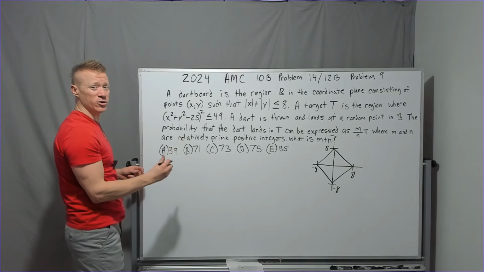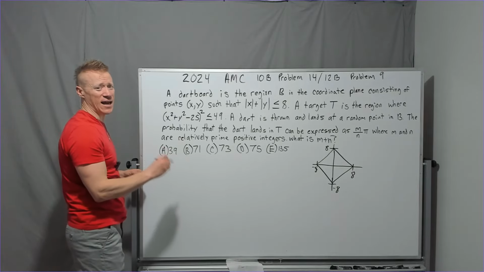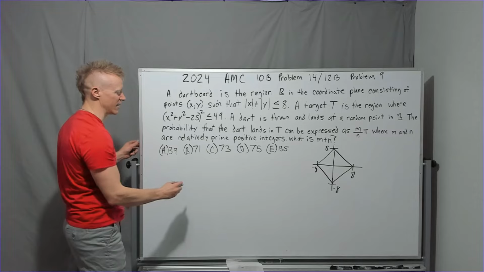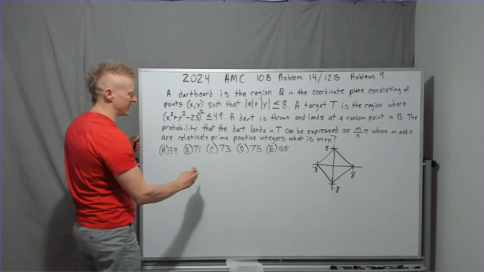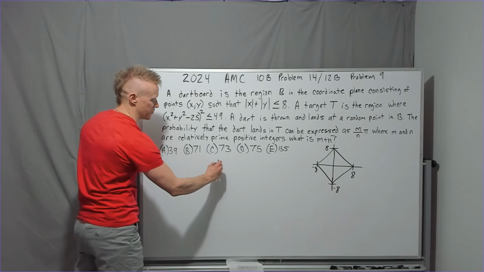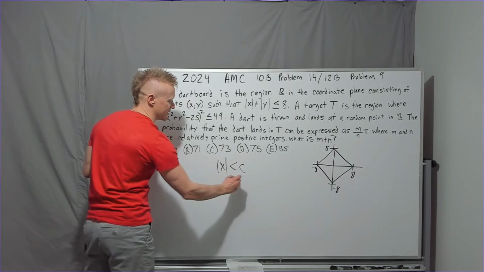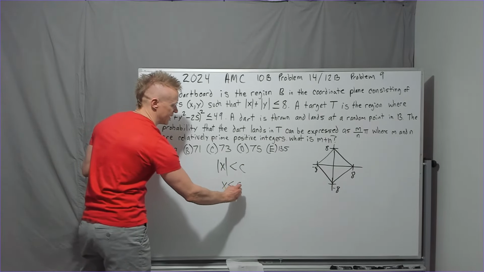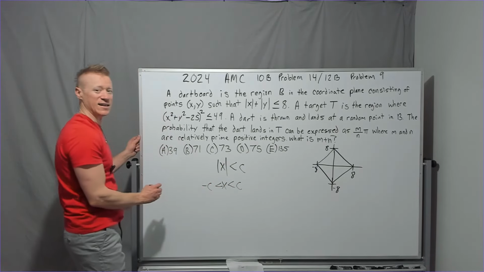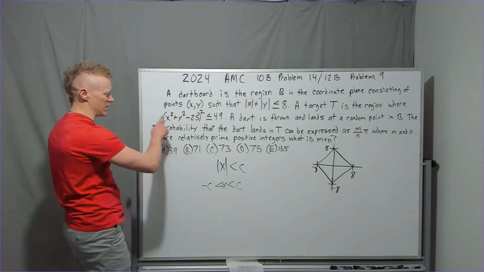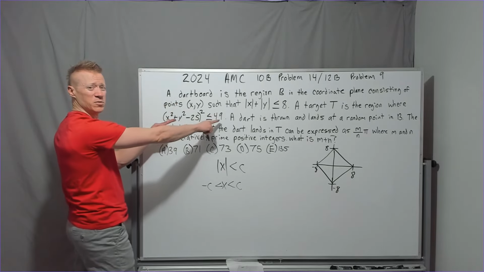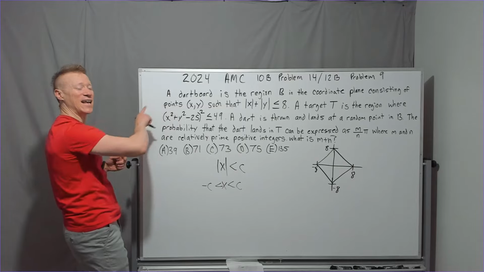When you square root a perfect square, you get the absolute value of that thing. Earlier in this test, we did cover the absolute value aspect, that if x is less than c, it simply becomes less than c and greater than -c. So because of that, you can blaze through this. You're going to square root both sides. It's going to be 7 and -7.